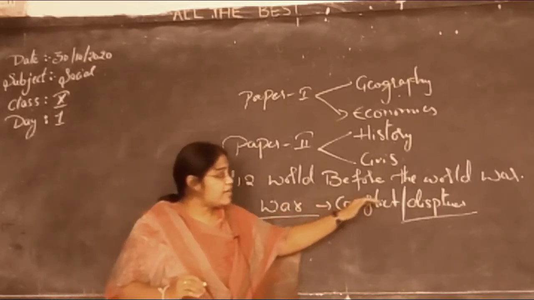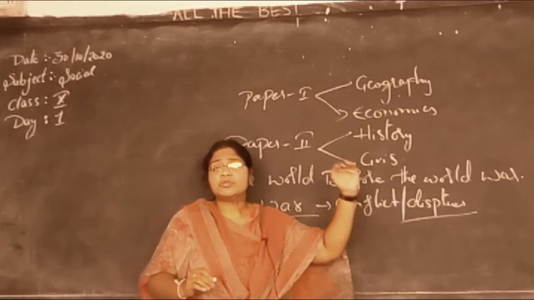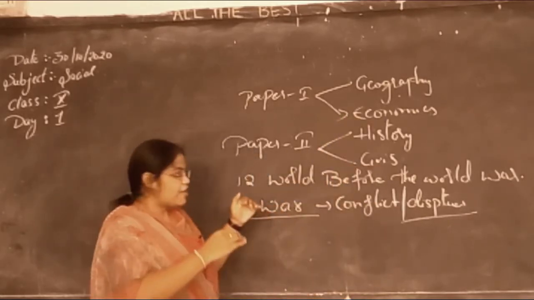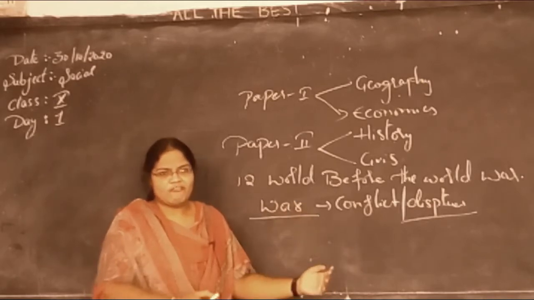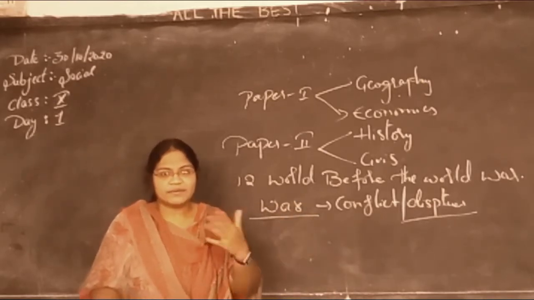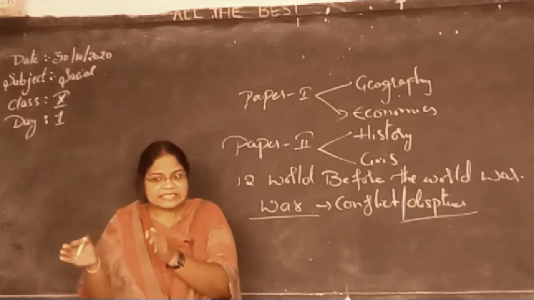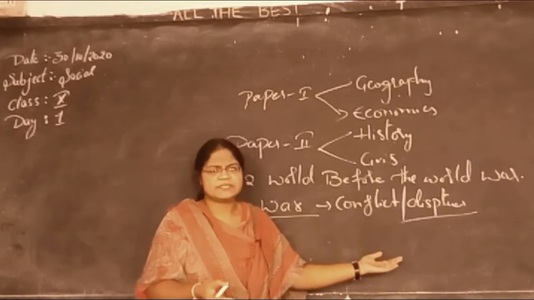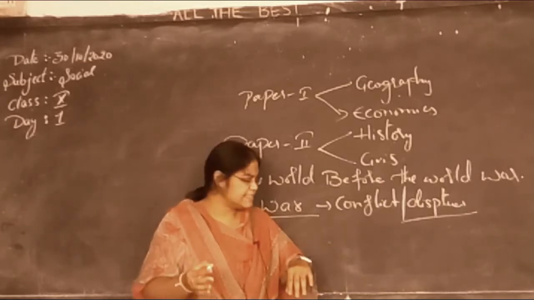See, these conflicts and disputes also have to reach the peak stages. Generally, if there is an ordinary conflict or dispute, it is not a war. Okay. Are you understanding my point? If there is a general conflict or any kind of dispute, it doesn't mean that it is a war.